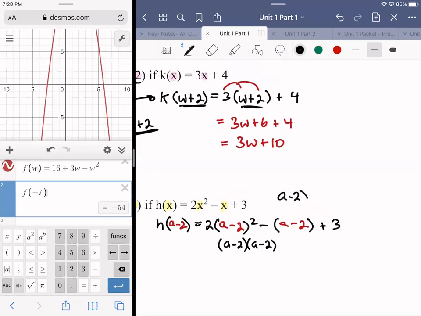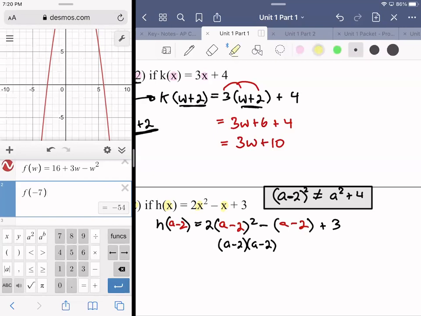A minus 2 squared is not the same as a squared plus 4. Because what people will do, just as a force of habit, they'll take the a and square it, and then square the 2, and say, hey, that wasn't so bad.